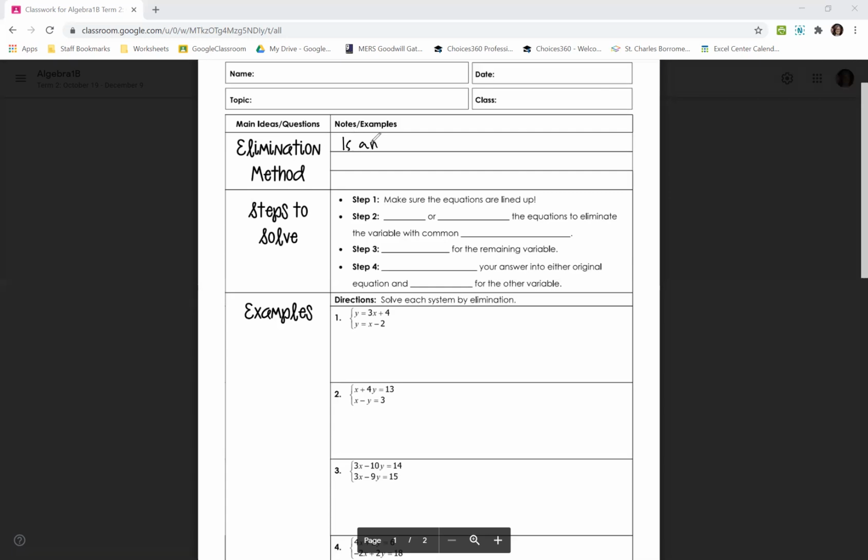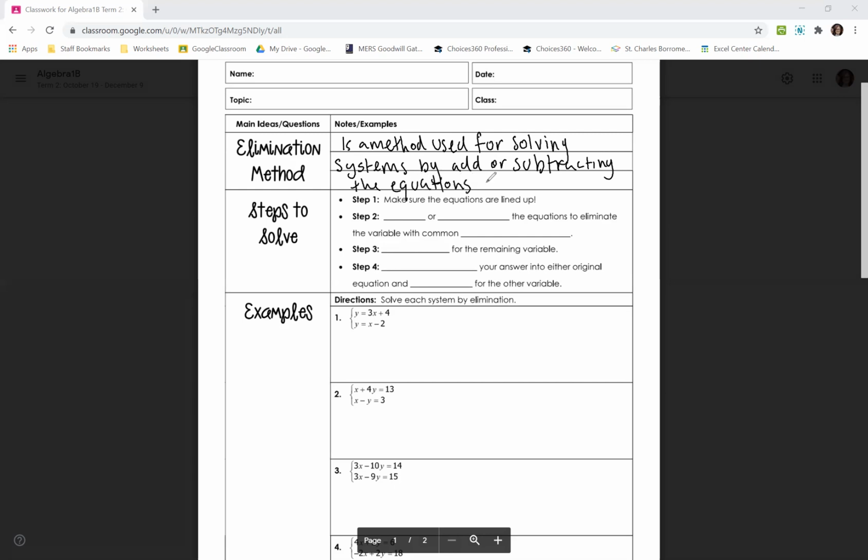is a method used for solving systems by adding or subtracting the equations.